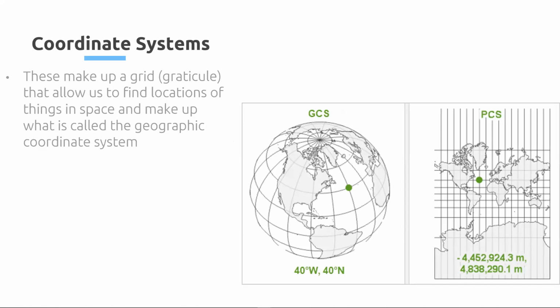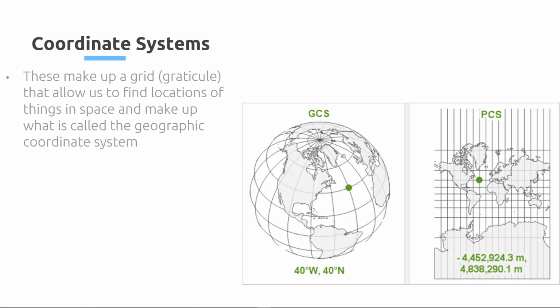So there are two different kinds of coordinate systems: GCS, the geographic coordinate system, which is a coordinate system that is overlaid over the Earth as a sphere or as a globe. And then there is the projected coordinate system, which is the mapped coordinate system of the 2D grids.